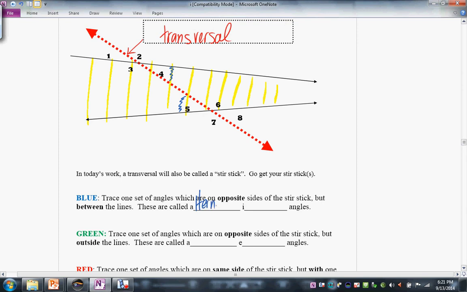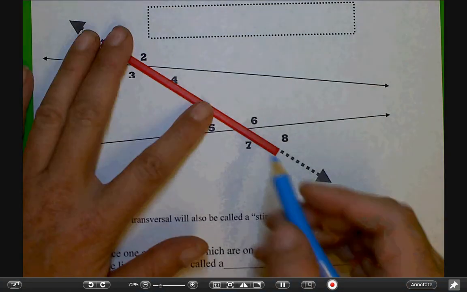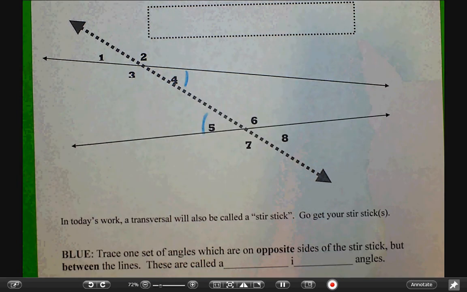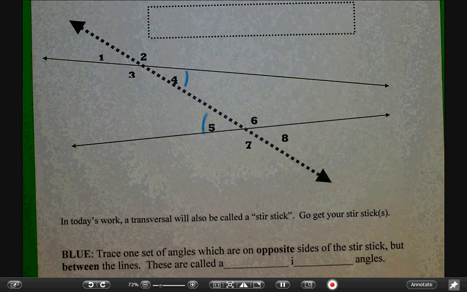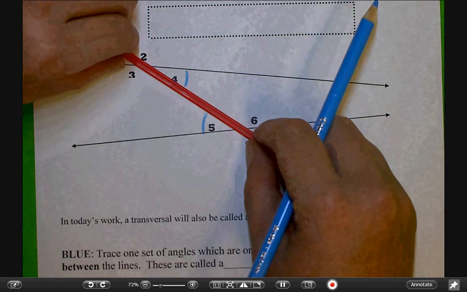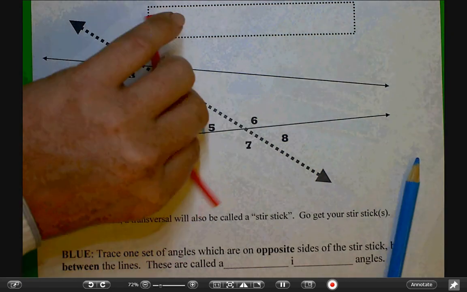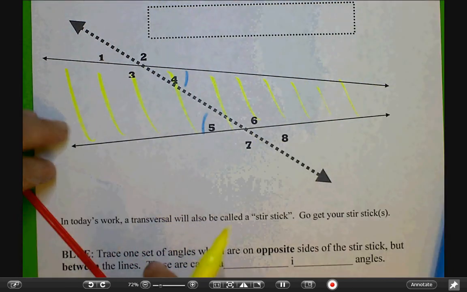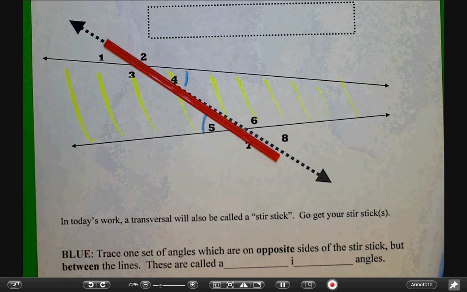Those are called alternate interior angles. So right here, angle 4 and 5 would be considered alternate interior angles. They're on either side of the stir stick, but they're still between the lines. That's why they're called alternate interior.